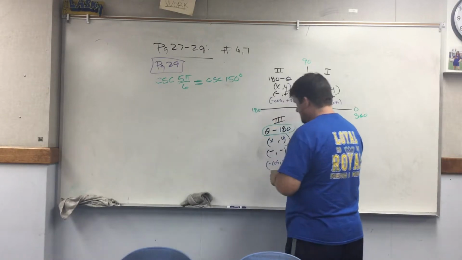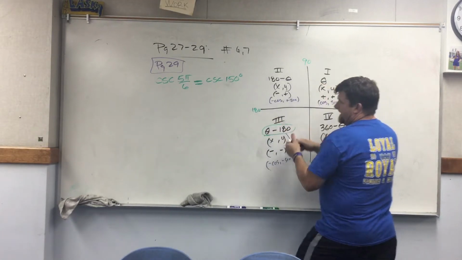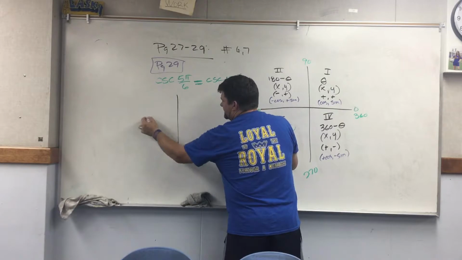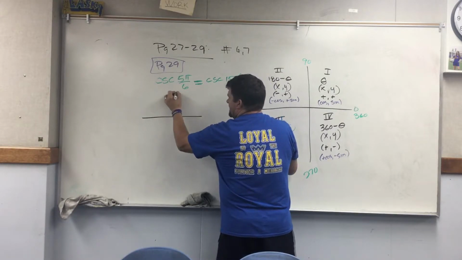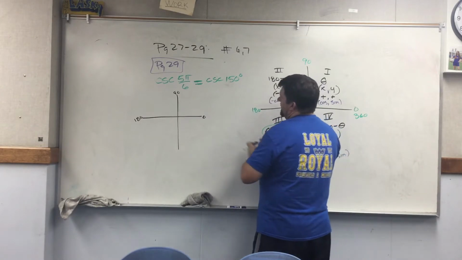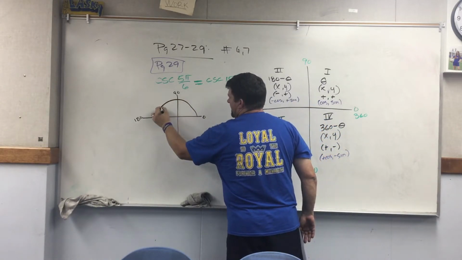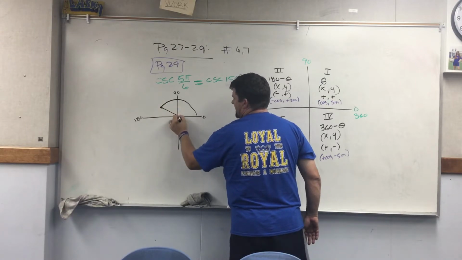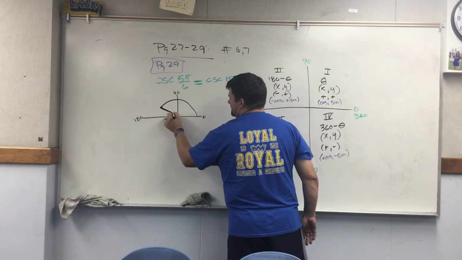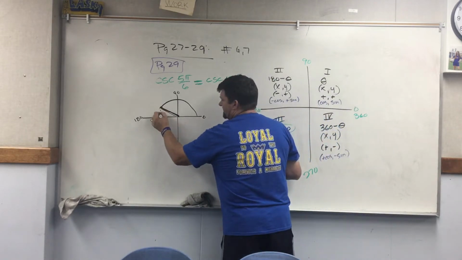That 150 degrees is now in between 90 and 180. So if I redraw this, here's my 90, here's my 180, here's my 0. I'm going to go past 90 to right about there, draw my line, and there's my terminal side, which is now my hypotenuse. Draw straight down to the axis.